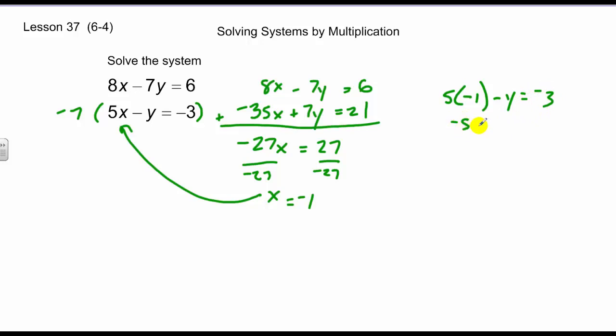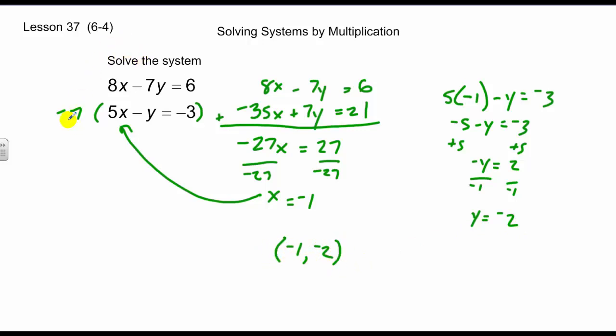It's negative 5 minus y is equal to negative 3. Add 5 to both sides. Negative y is equal to 2. Divide by negative 1, and y is equal to negative 2. So I have a solution of negative 1, negative 2 as my ordered pair.